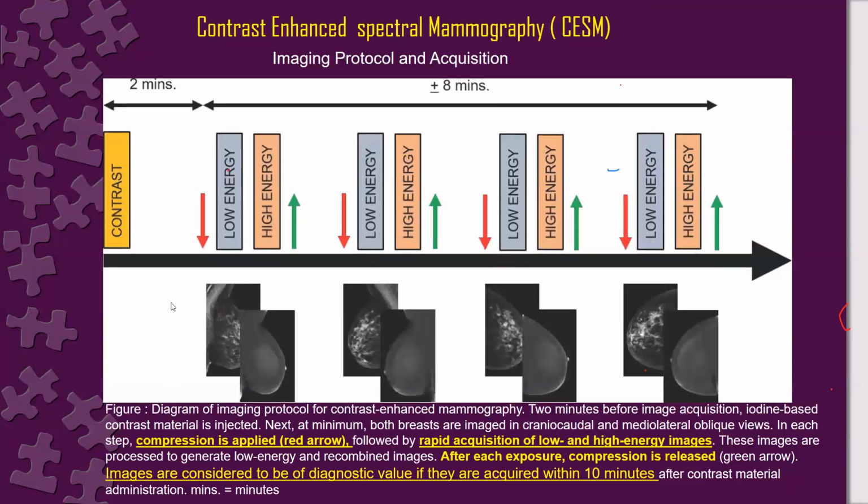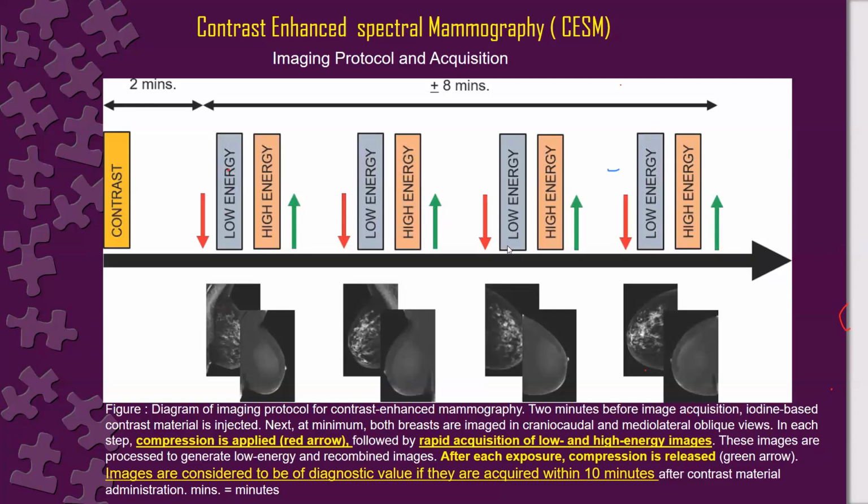Here we can see how it can be performed. Here you see the contrast injected intravenously with a lag of 2 to 2.5 minutes. Then put on the compression, taking this image of the left breast, for example, take the low energy and high energy with the same compression, then remove the compression, go to the other side, do the MLO, low and high energy.